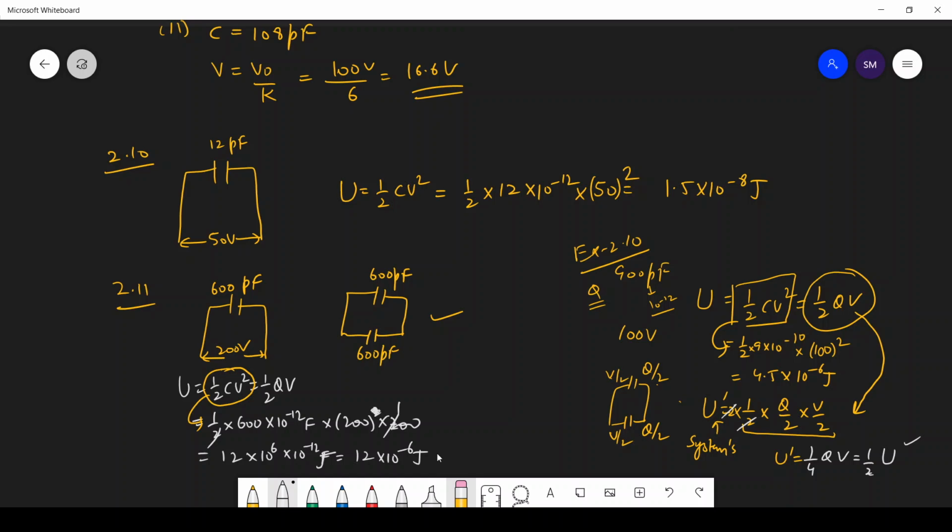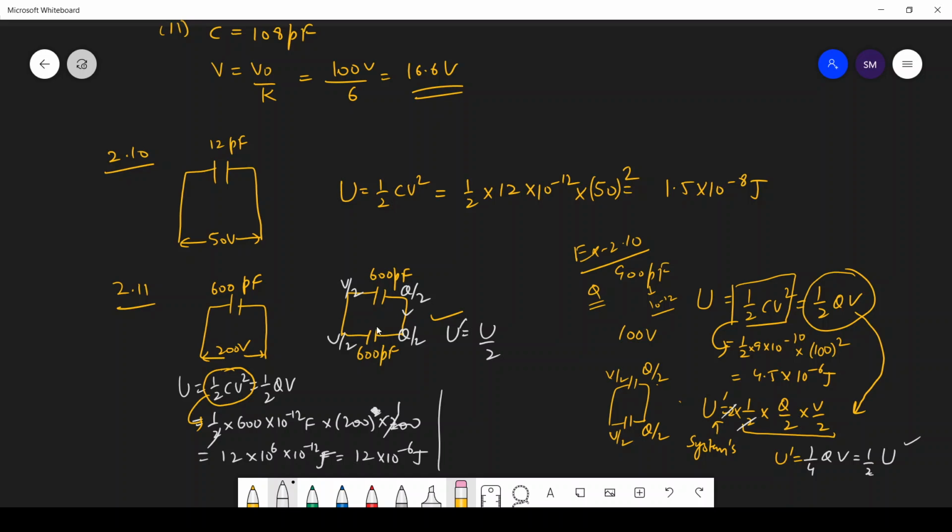And now I told you that this energy will be reduced by half by this formula. I told you that the capacitance is the same, but voltage will be divided and the charge will also be divided. So the new energy of the whole system is U by 2. So where has the energy gone?